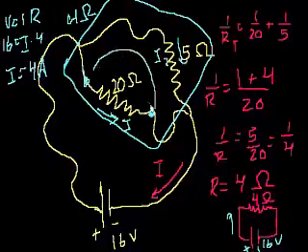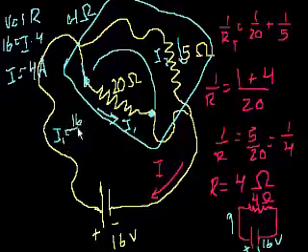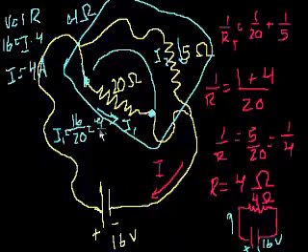So you have 16 volts across there, 16 volts divided by 20 ohms. So let's call this I1. I1 is equal to 16 volts divided by 20 ohms, which is 4/5 of an ampere, or 0.8 amperes, right?